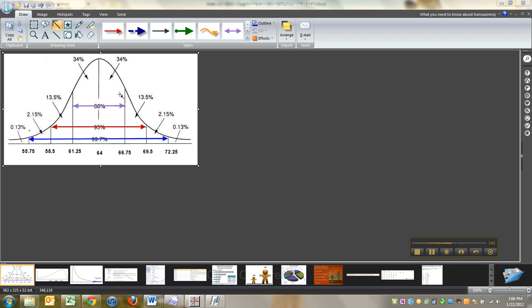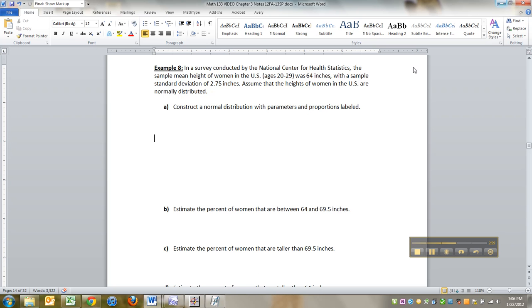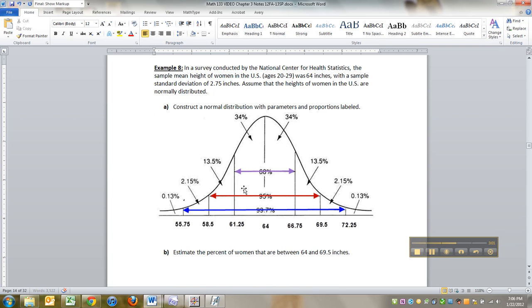From this line to this line, that's 68%, 61.25 to 66.75. Then I add on 2.75 more, and I get 69.5 over here and 58.5 over here. That's 2 standard deviations. And then 3 is the blue arrow from 55.75 to 72.25. Altogether, this is what you have to draw for this problem right here.